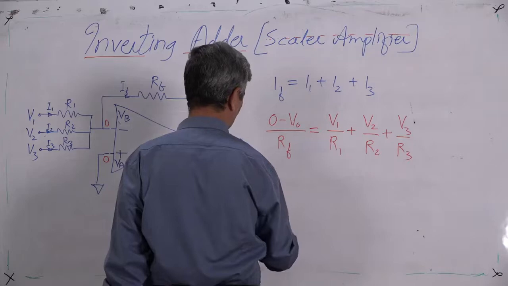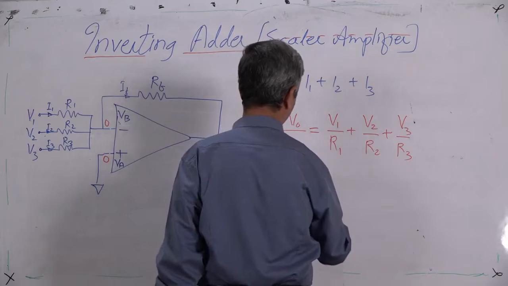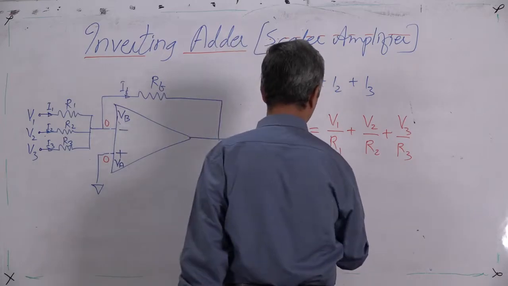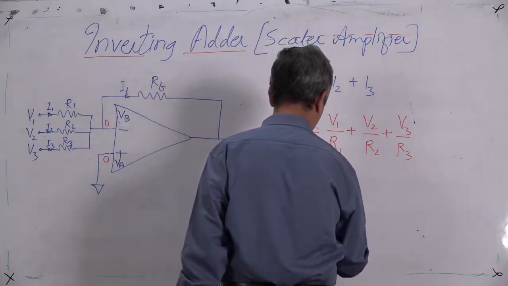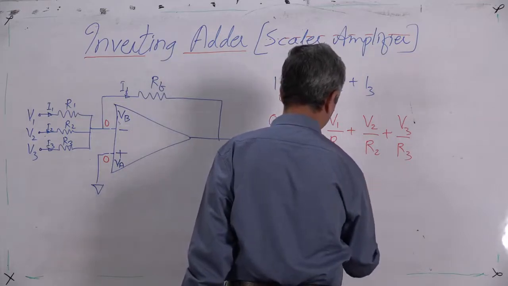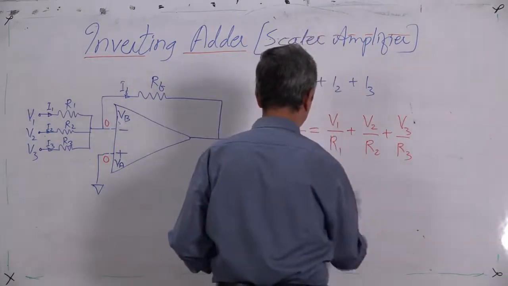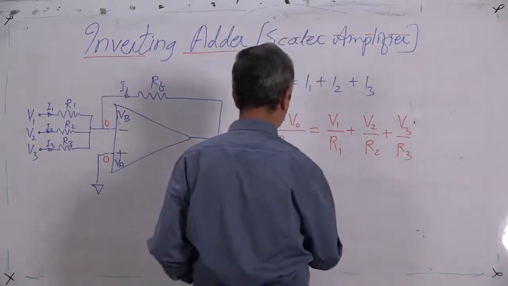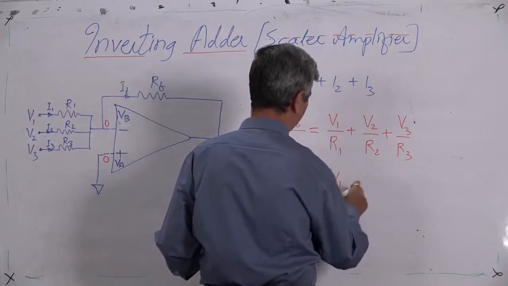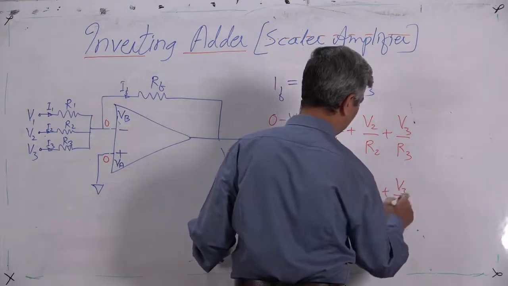So the 0 minus VO, the minus RF goes on this side. Because you want the expression of VO, VO is equal to minus RF into bracket, or we can write again RF upon R1 V1, or we can write separately like this, it does not matter much, minus RF into bracket V1 by R1 plus V2 by R2 plus V3 by R3.